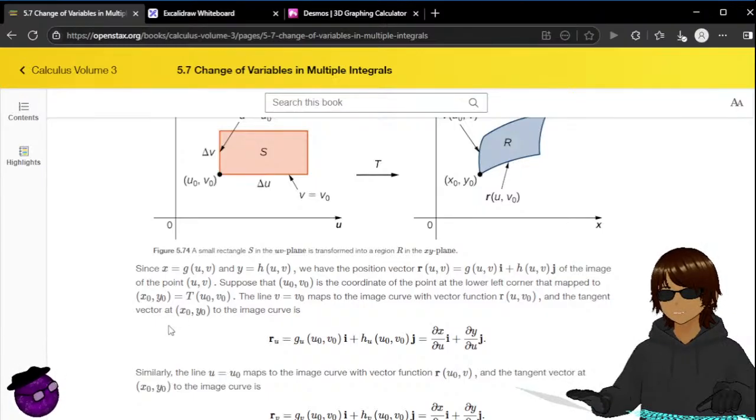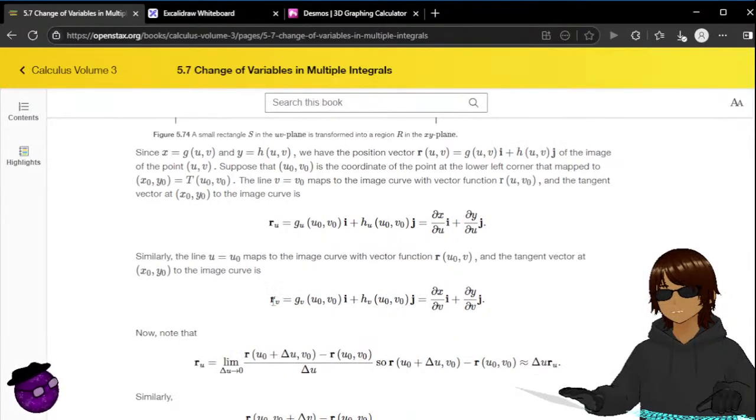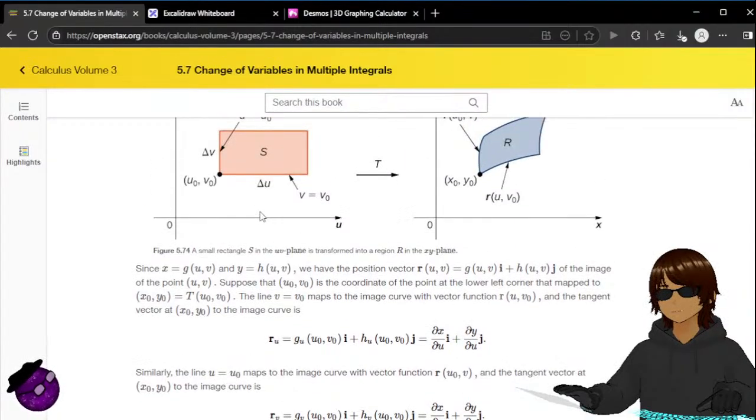The tangent vector. Okay. So position vector and tangent vector. Tangent vector means we are taking the derivative with respect to whatever the thing is. So here we are taking the derivative at position x naught, y naught.